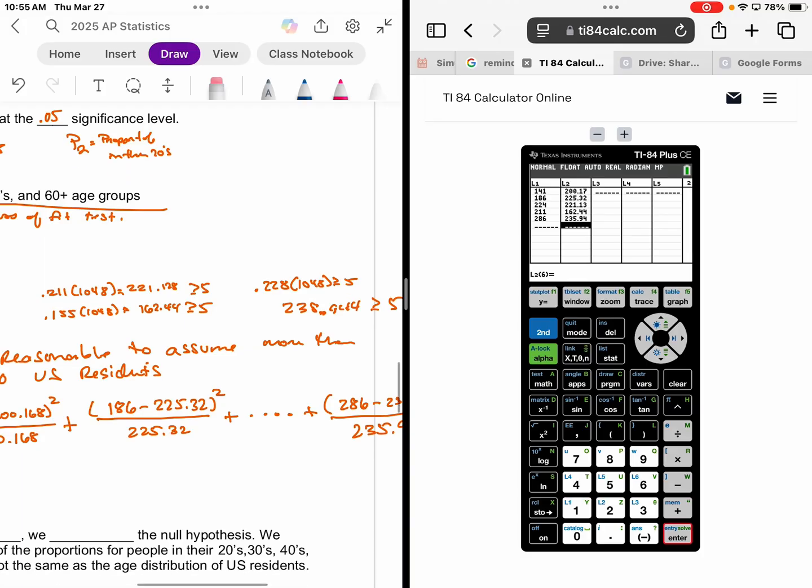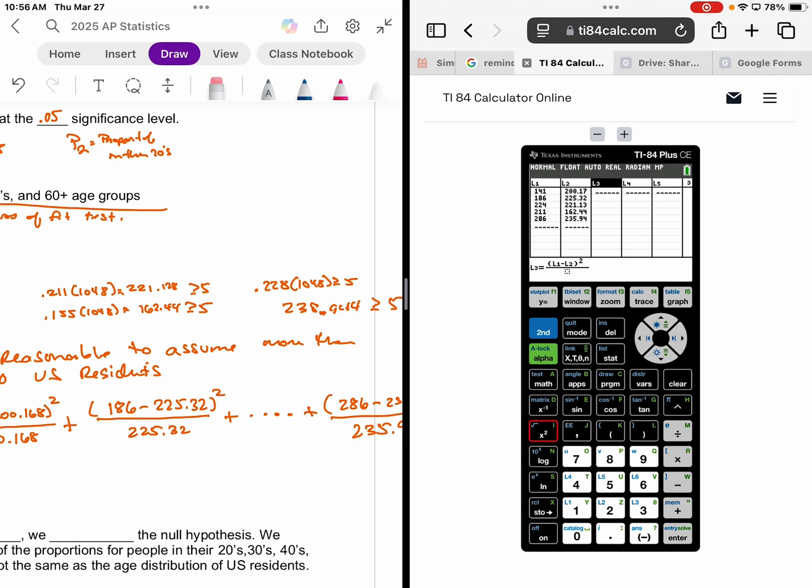So now what I'm going to do is go up to the column header and create a fraction. So alpha x. And on top, parenthesis, I'm going to tell it to do L1, so second one, minus L2. I'm going to close the parenthesis and then square it.